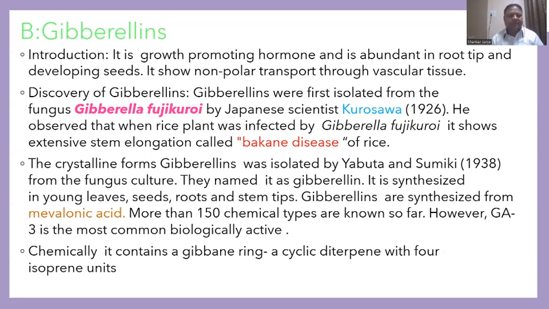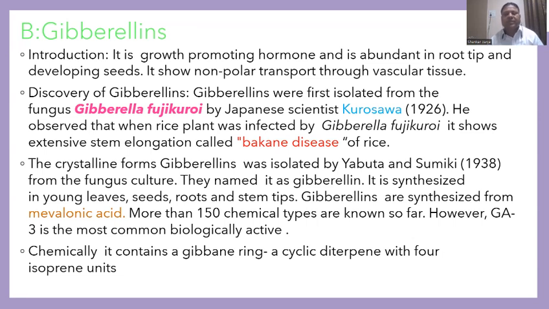He observed that when a rice seedling was infected by Gibberella fujikuroi, it shows extensive stem elongation, or foolishly grown. That is called Bakane disease of rice. Generally, rice height is very dwarf, short, semi-dwarf, 3 to 4 feet height.